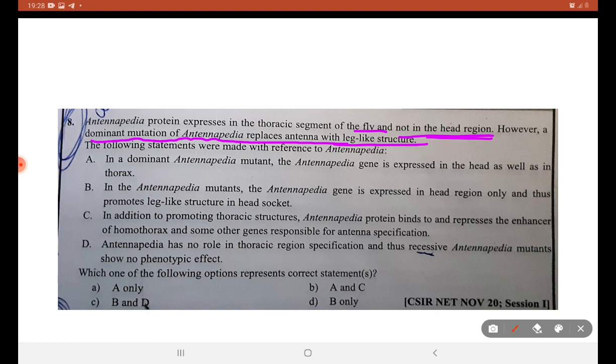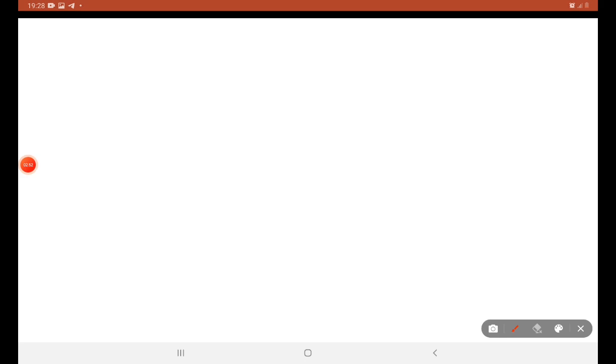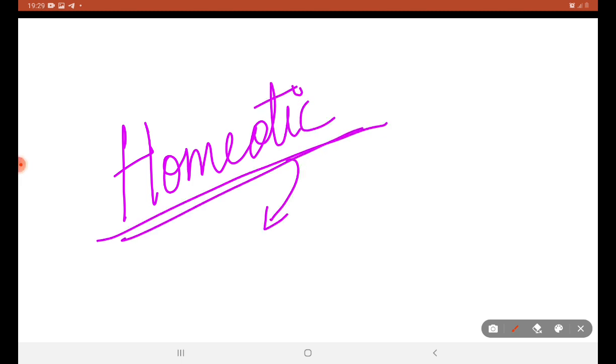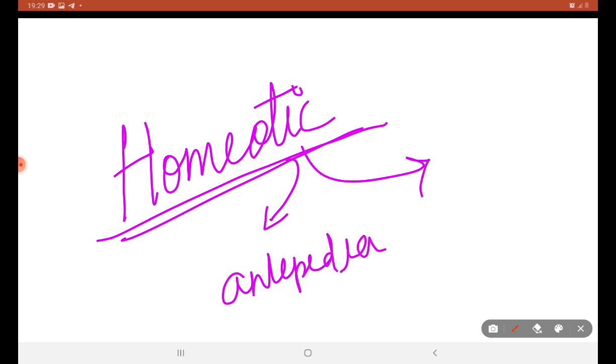In Drosophila, we have something called homeotic genes, and among homeotic genes we have Antennapedia and Ultrabithorax.